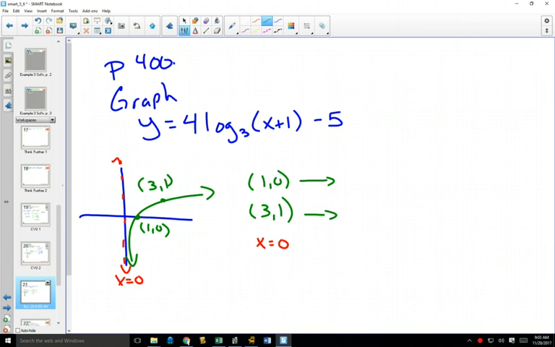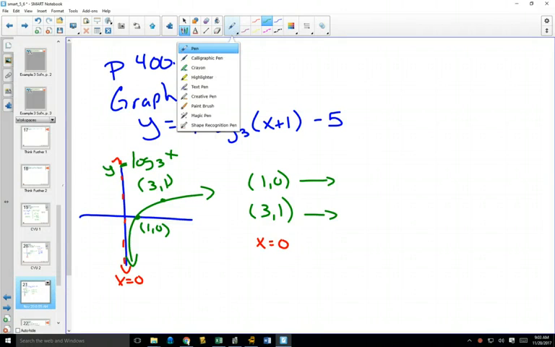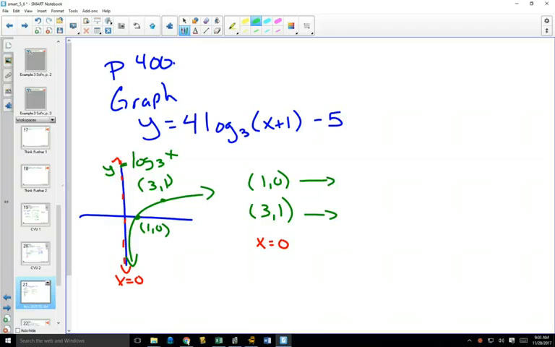Maybe over here I write, this is the graph of y equals log base 3 of x. Some things that are important to note is that the x is easy to see, but the base of 3 is part of your parent graph.